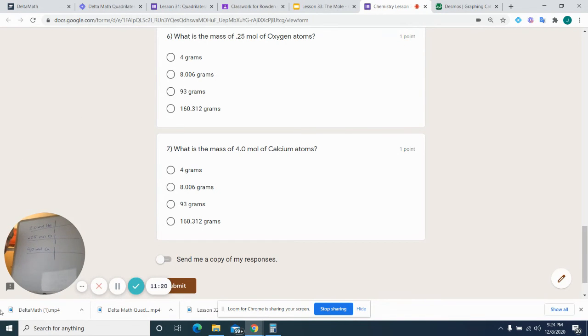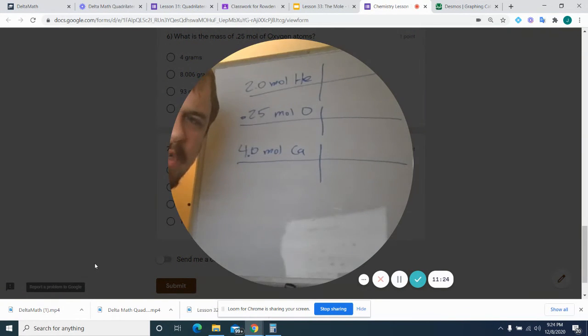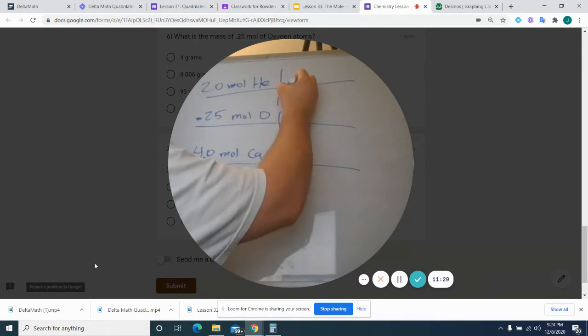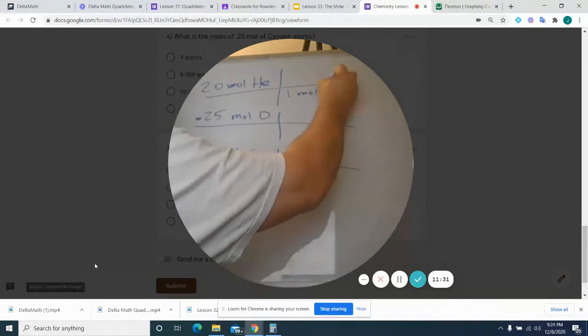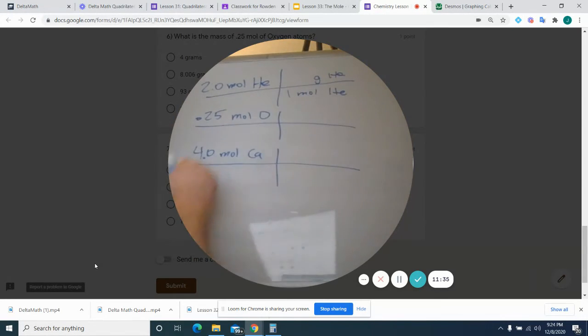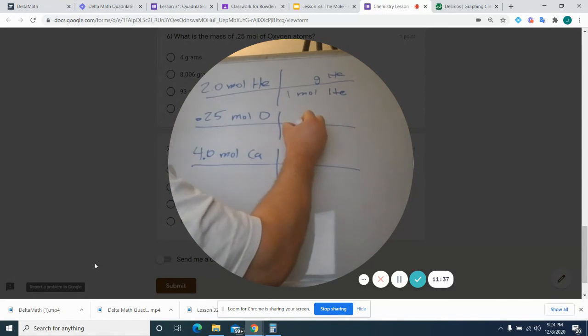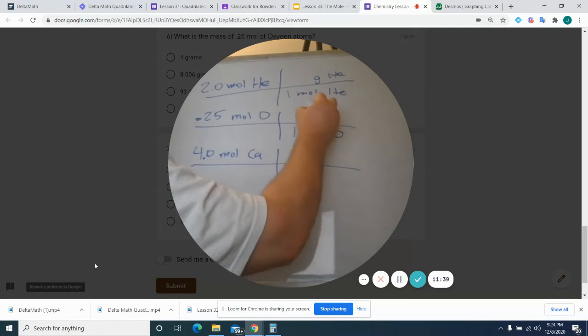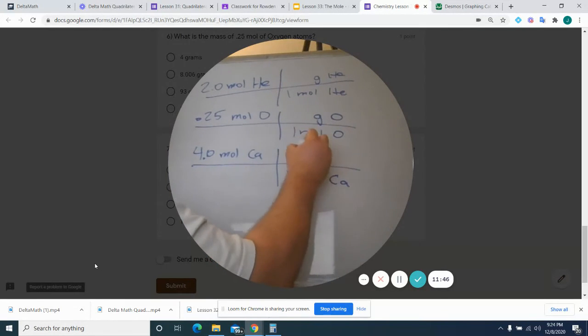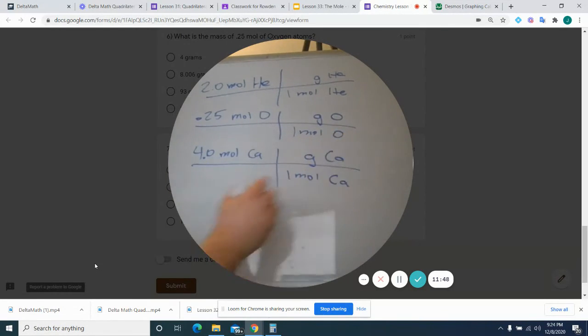I'm literally doing all 3 problems at once because it's the same process for all of them. For this one, 1 mole of helium turns into how many grams of helium, and we'll look up the periodic table. For this one, 1 mole of oxygen turns into how many grams of oxygen, and in this one, 1 mole of calcium turns into how many grams of calcium.